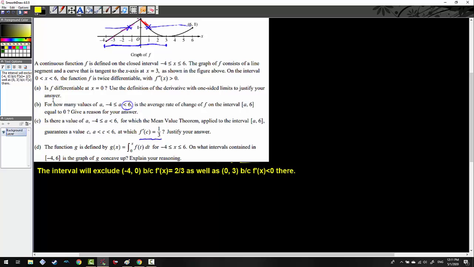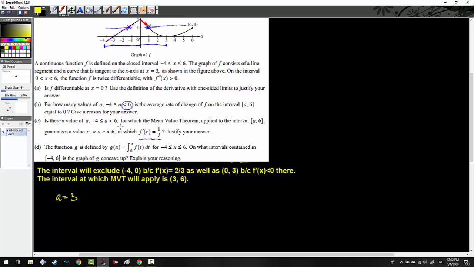So that means that the interval at which MVT will apply is 3 to 6. That answers the first question. A has to equal 3. In other words, A must equal 3. So on the interval 3 to 6 is where we apply our mean value theorem.